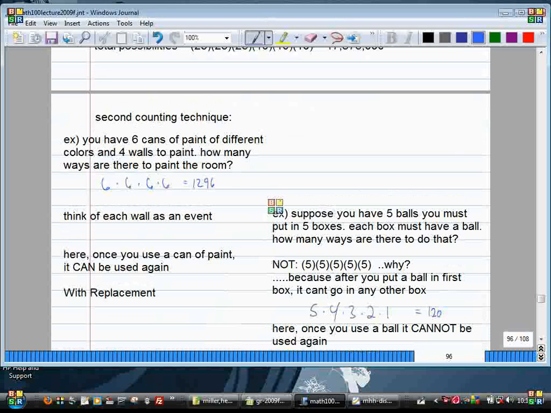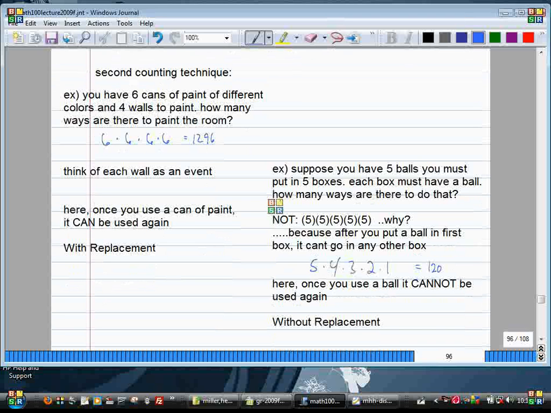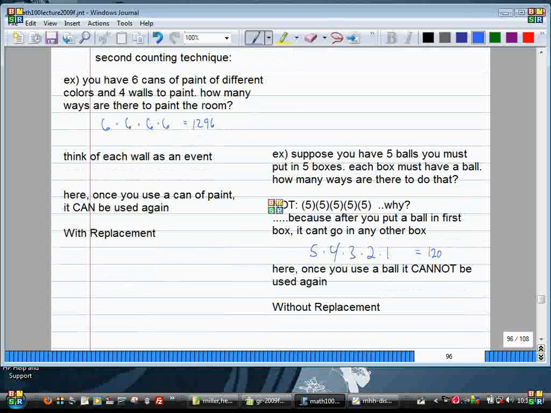The first one, where you can use the can of paint as many times as you like, is called counting with replacement. The idea being that once you use the can of paint, it's not gone forever. You replace it back in your options. This one, where once you use a ball, it can't be used again, is called counting without replacement. Once you use the ball, it's not replaced, it's gone.